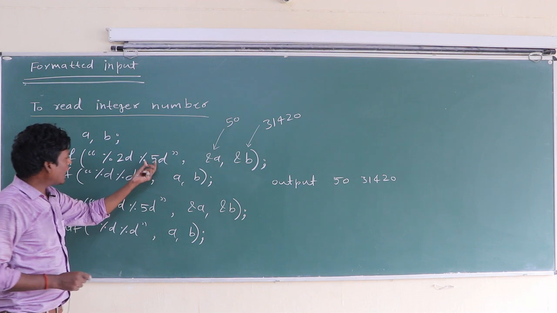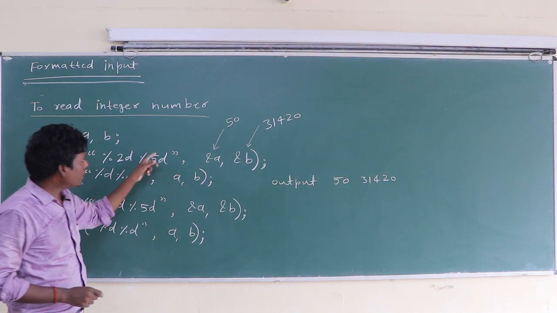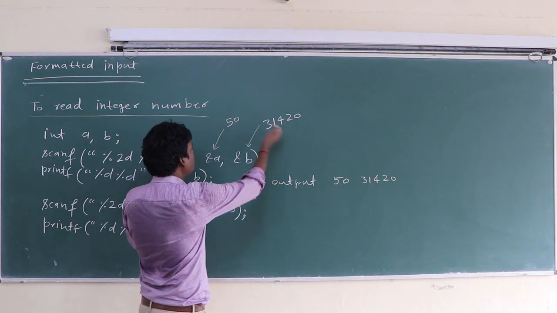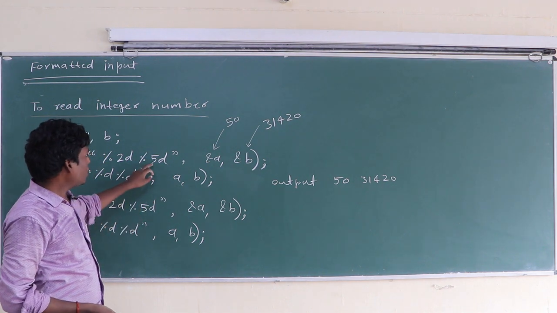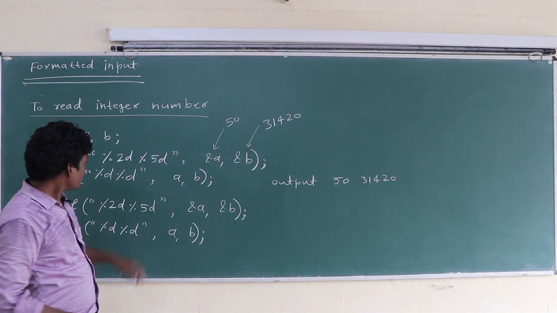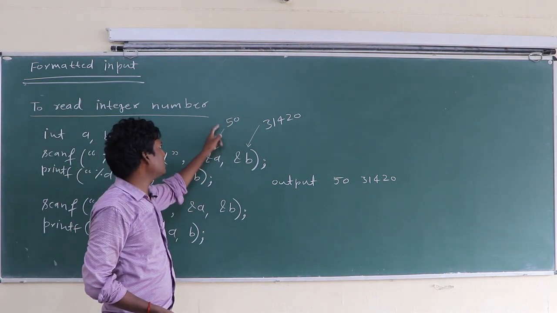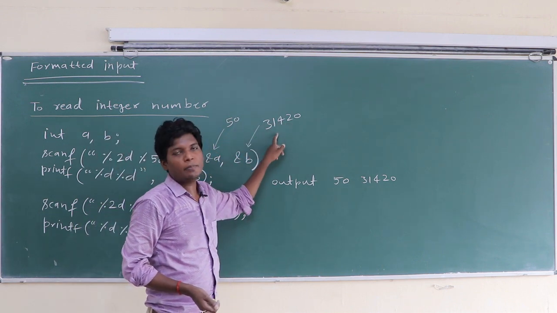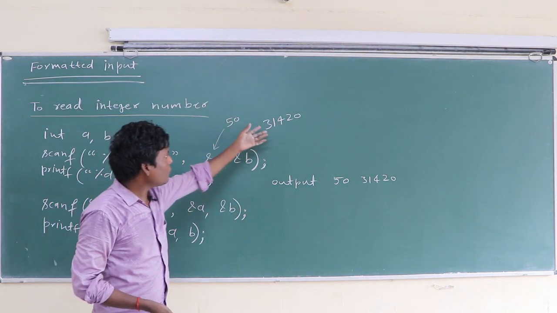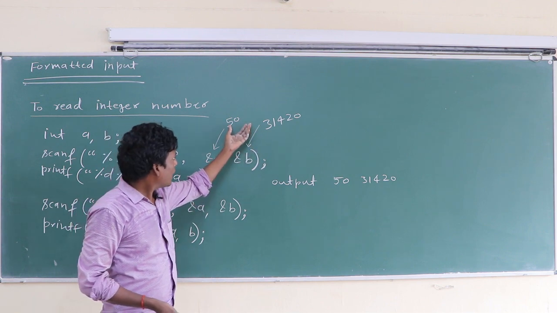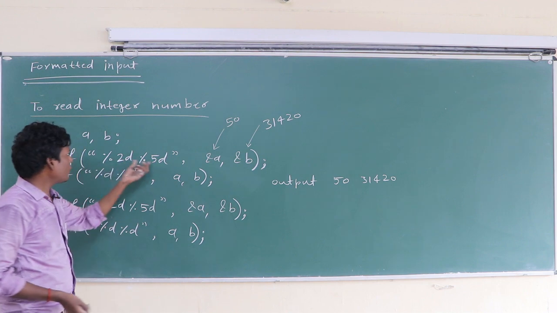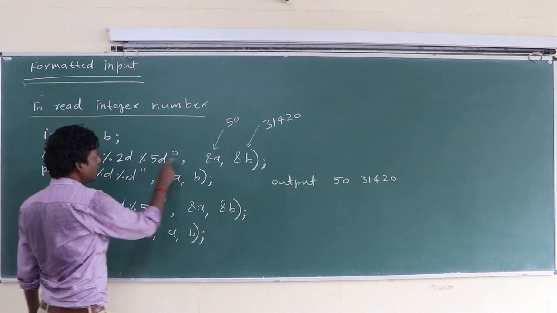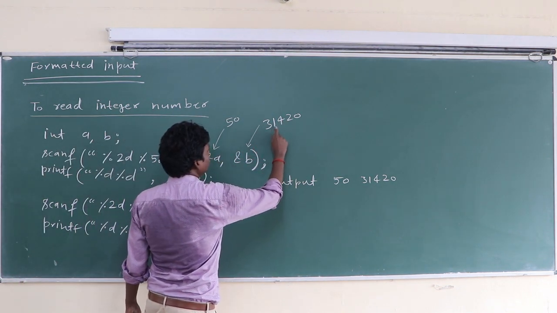Here is %5d. You have mentioned the field width, so the scanf function reads the second number up to 5 digits. Luckily here %2d and this number has 2 digits, and %5d and this number has 5 digits, 1 2 3 4 5.